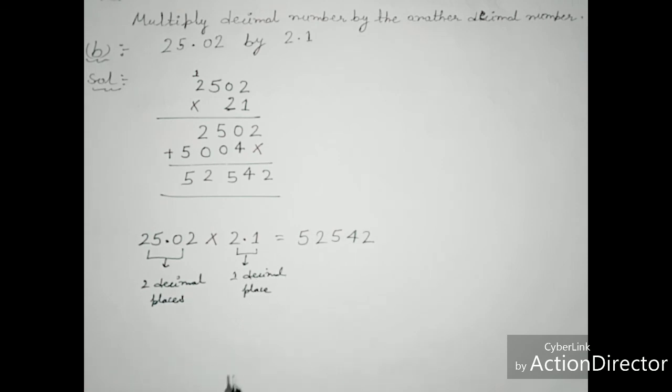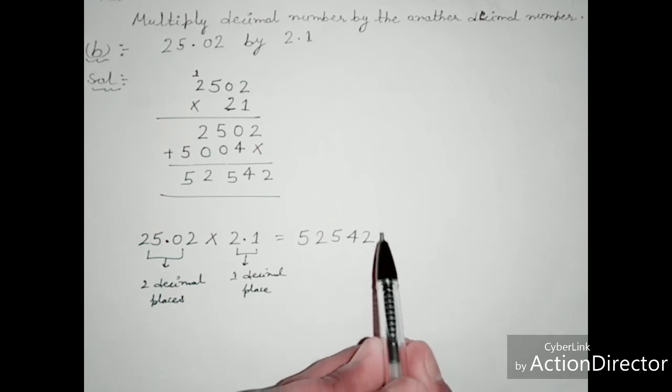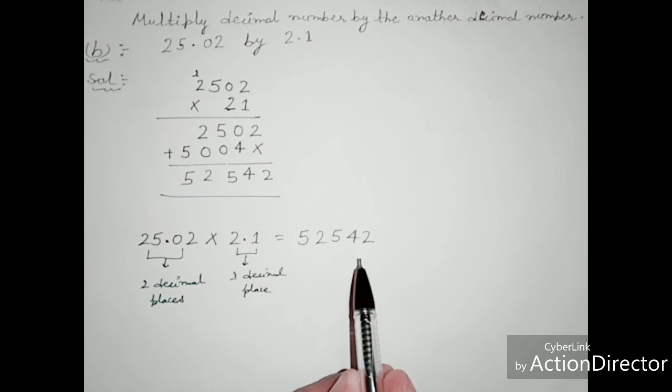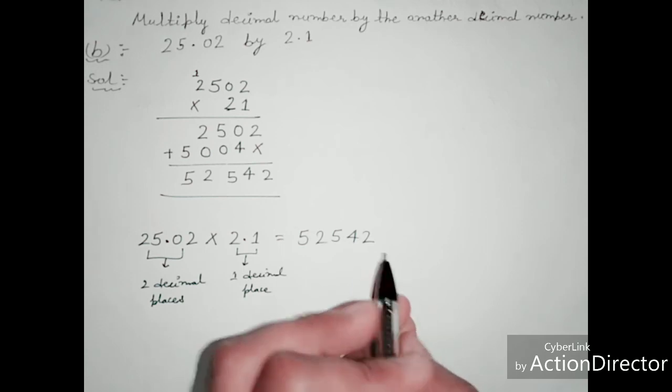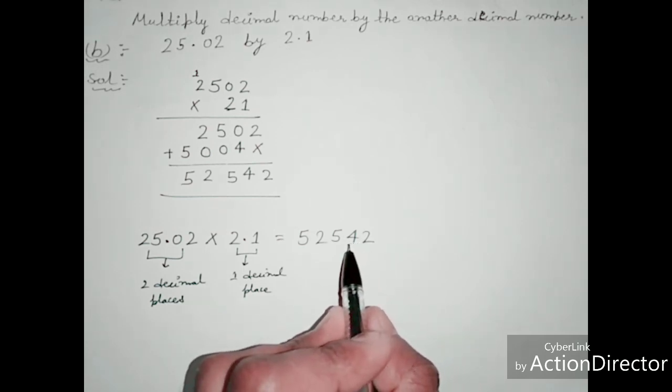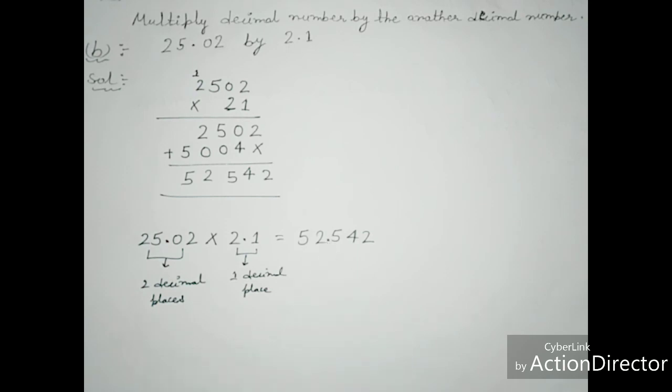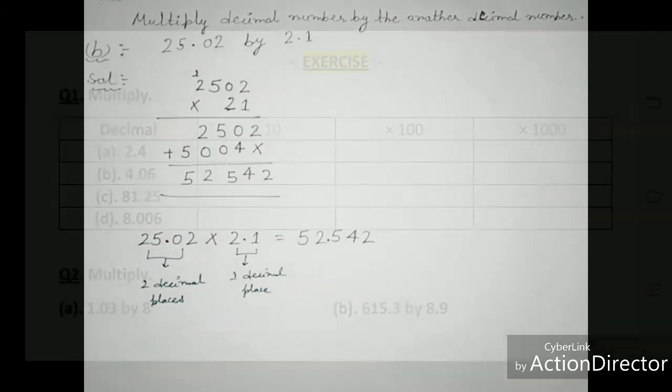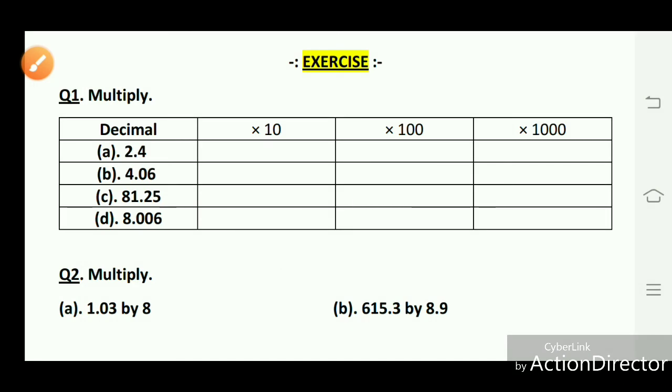So the total number of decimal places is 2 plus 1, 3. So we put the decimal before 3 digits and start from 2, 1 2 3. So when we multiply 25.02 by 2.1, we get the product 52.542.